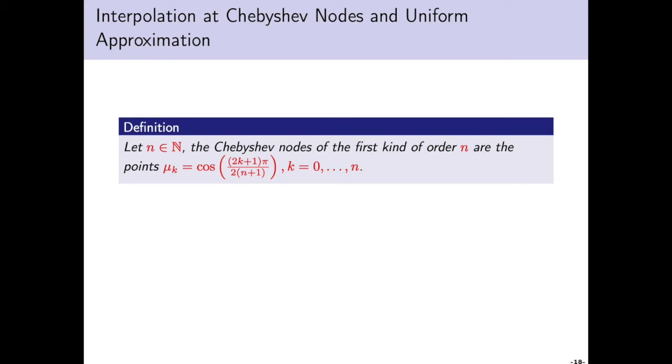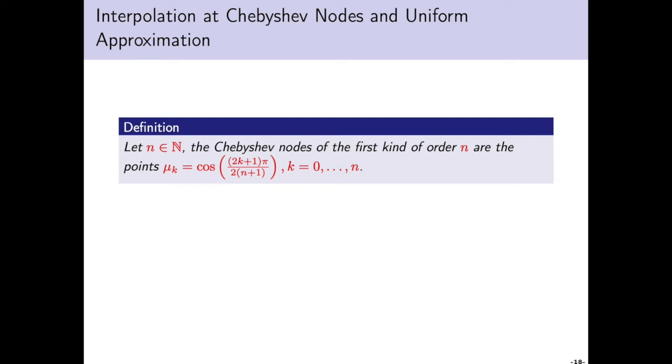The first tool that I will use is Chebyshev nodes of the first kind. I will do interpolation at these nodes. What we call Chebyshev nodes of the first kind are the zeros of the n+1 Chebyshev polynomial.